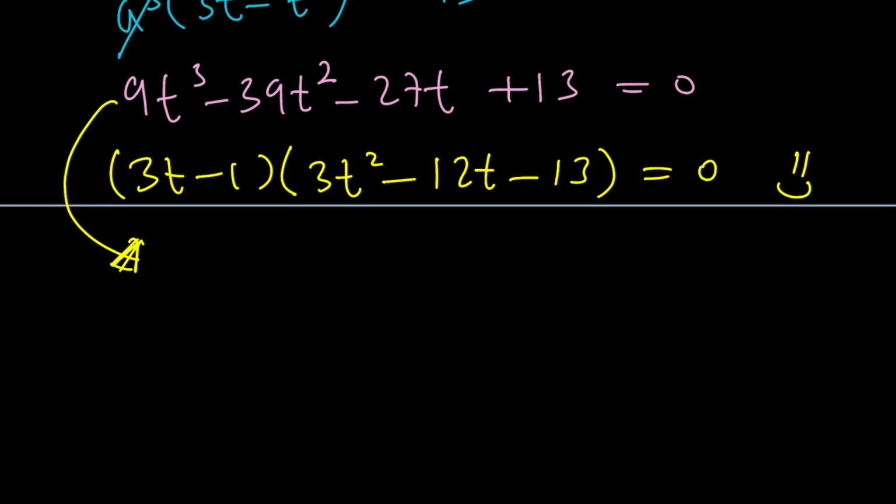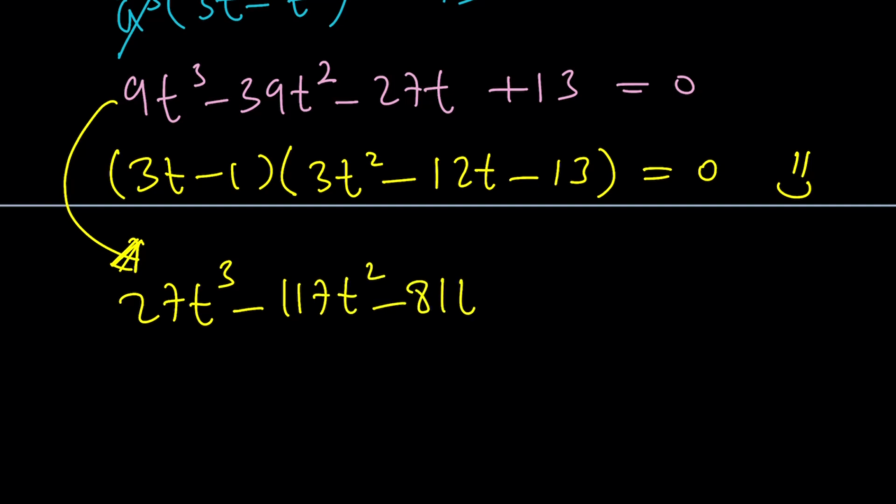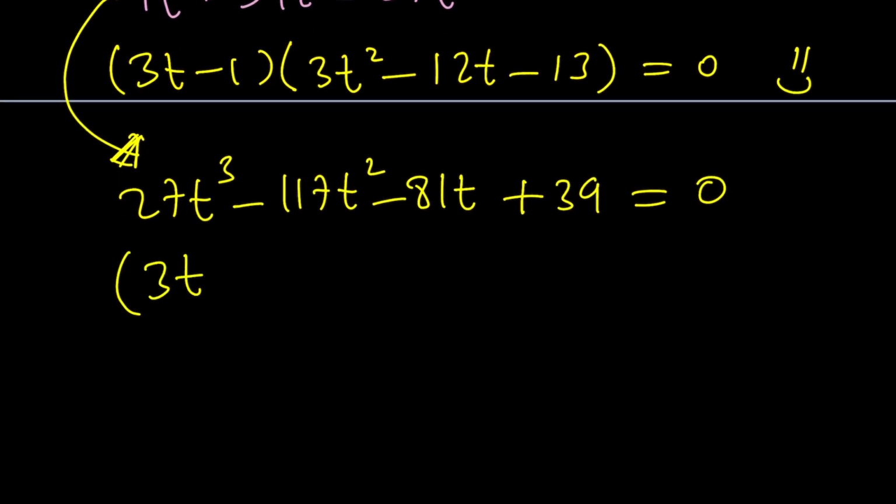Multiply this equation by 3, and the reason for that is I want to get a perfect cube in front of t cubed. 3 times 39 is 117, I think, right? And that's divisible by 9, it should be. 81t, everything should be divisible by 9, almost. As much as possible. So this can be written as 3t cubed.